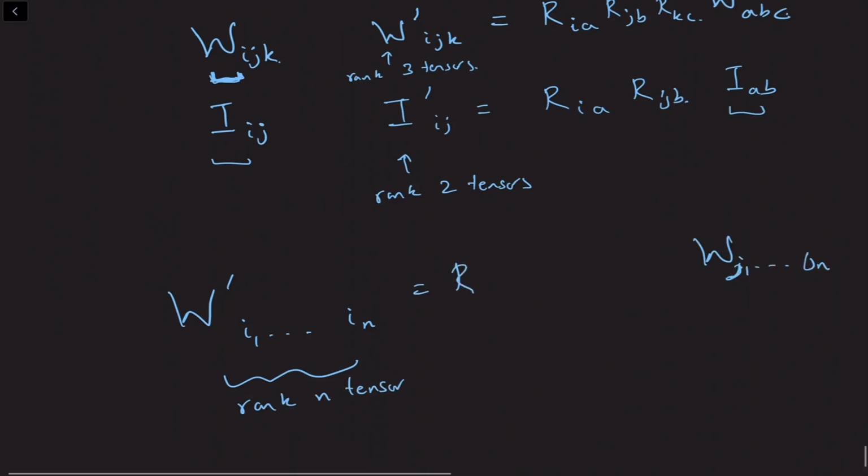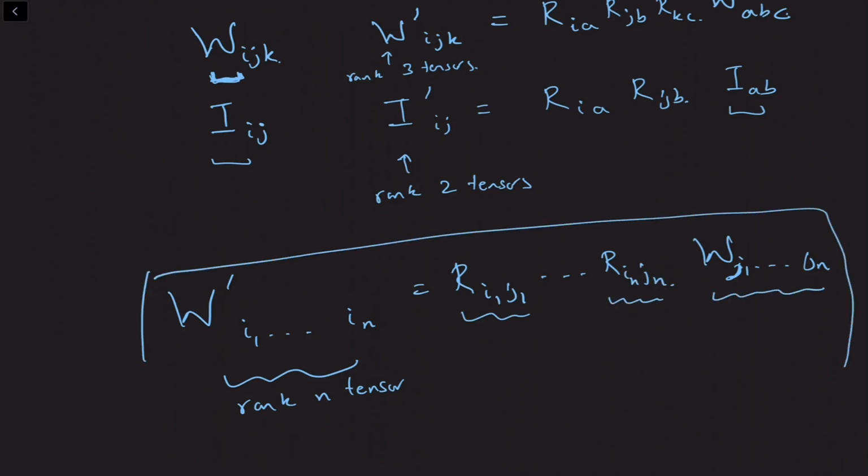There would be matrices R_i1j1 through R_injn, which transform the original W and give us the new W prime. So this gives us the most general dictionary of how different objects can transform under rotations. And now we just generalize this to special relativity.